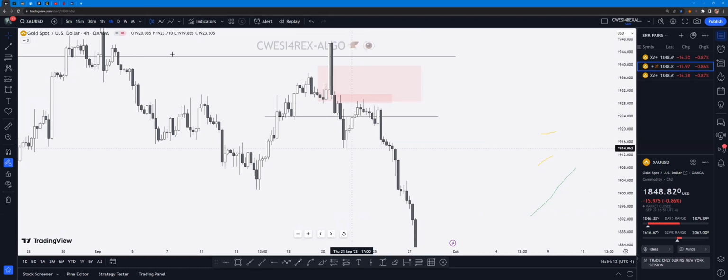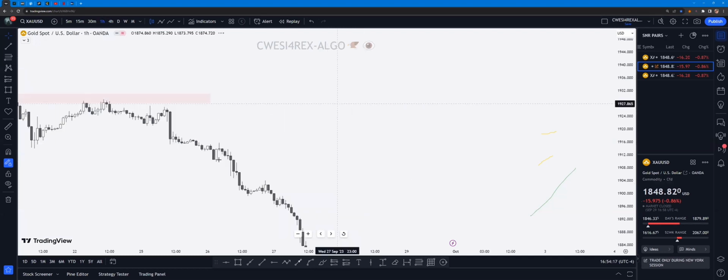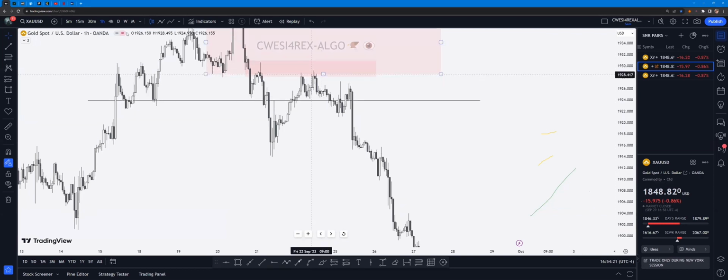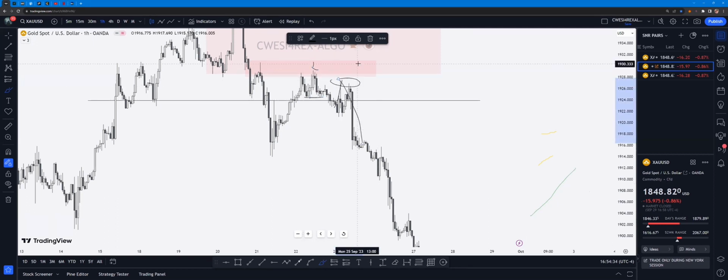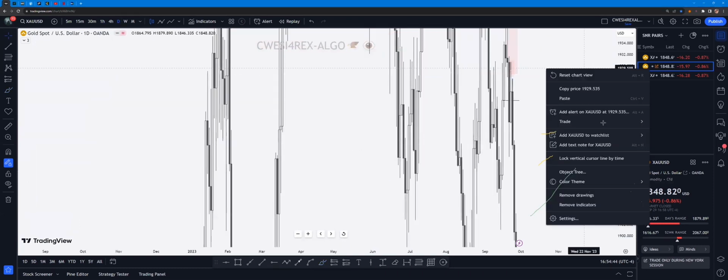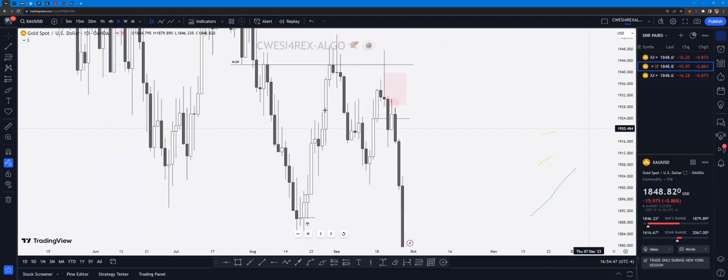So if H4 rejects H4, then, let's assume that you missed that H4 entry, we need a 1 hour breakout, and you can see we have this 1 hour breakout. So H4 rejects H4, 1 hour breakout, pullback, and our entry over here. So you can see this is how you'll be able to break down your higher time frame storyline to make an entry on the lower time frame.